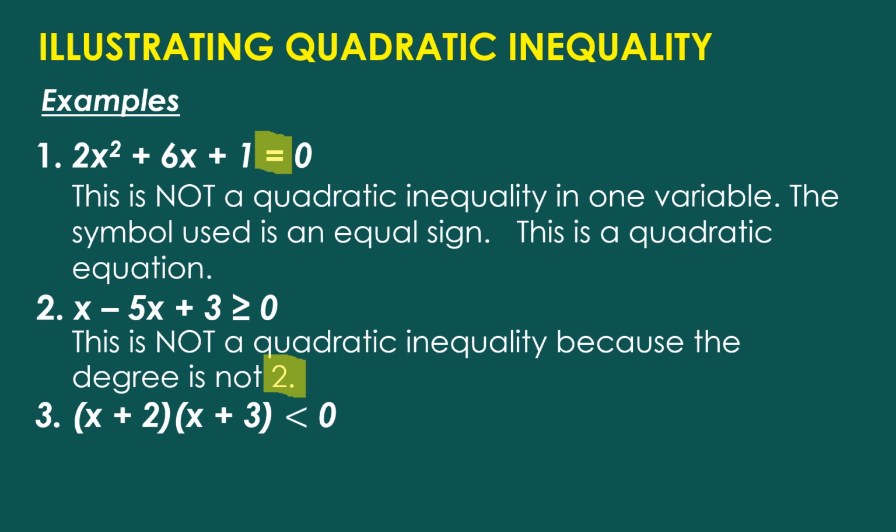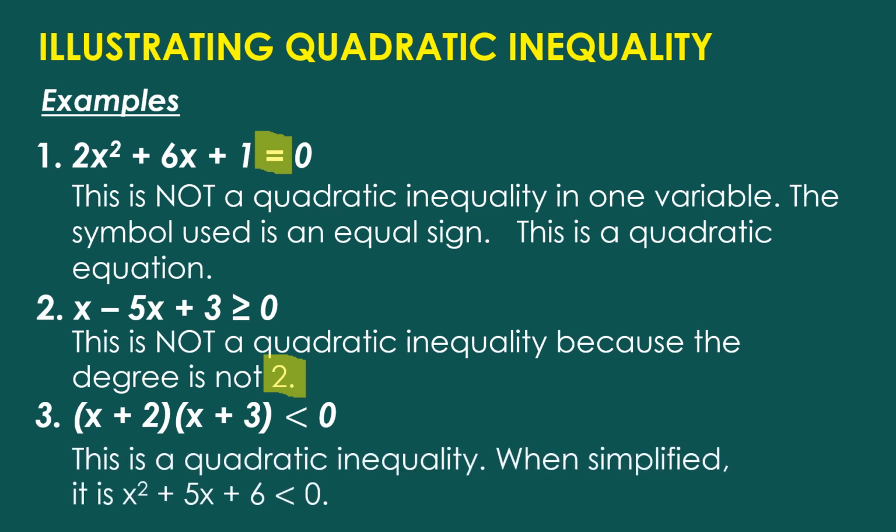The quantity x plus 2 times the quantity x plus 3 is less than 0. Is this a quadratic inequality? The answer is yes. This is an example of a quadratic inequality. When simplified using the FOIL method, this is now equal to x squared plus 5x plus 6 is less than 0.